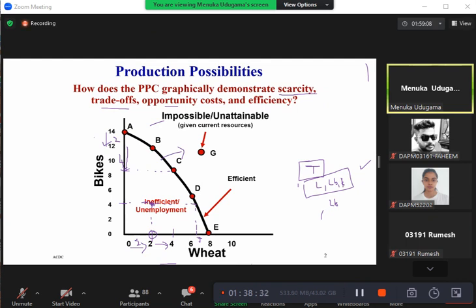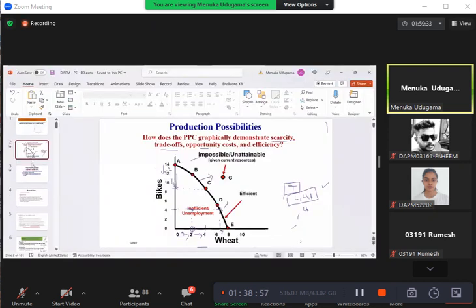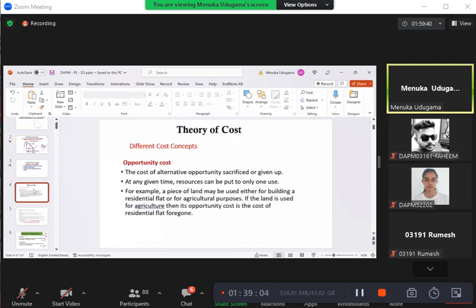Otherwise, skilled labor will become a limiting factor, right? That will shrink this curve instead of pushing it forward. Okay, so that's about the 3 types of relationships that I want to discuss.